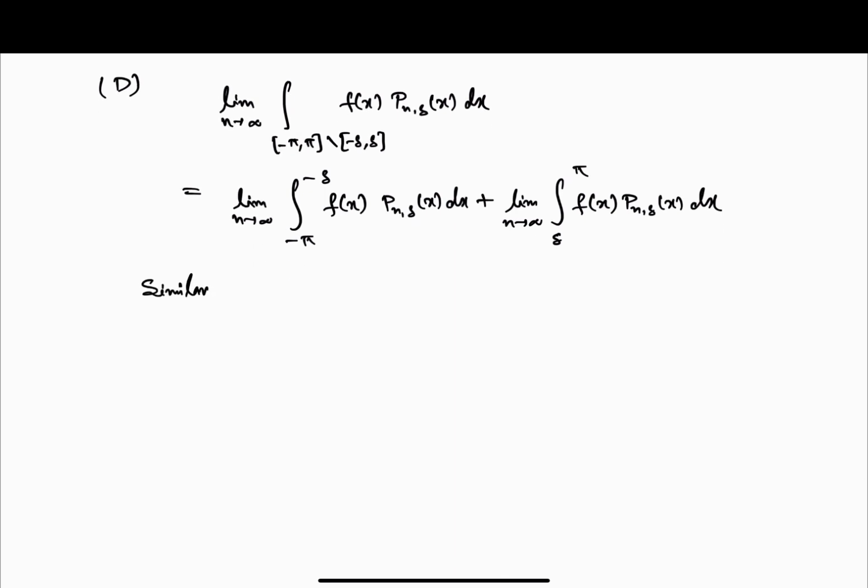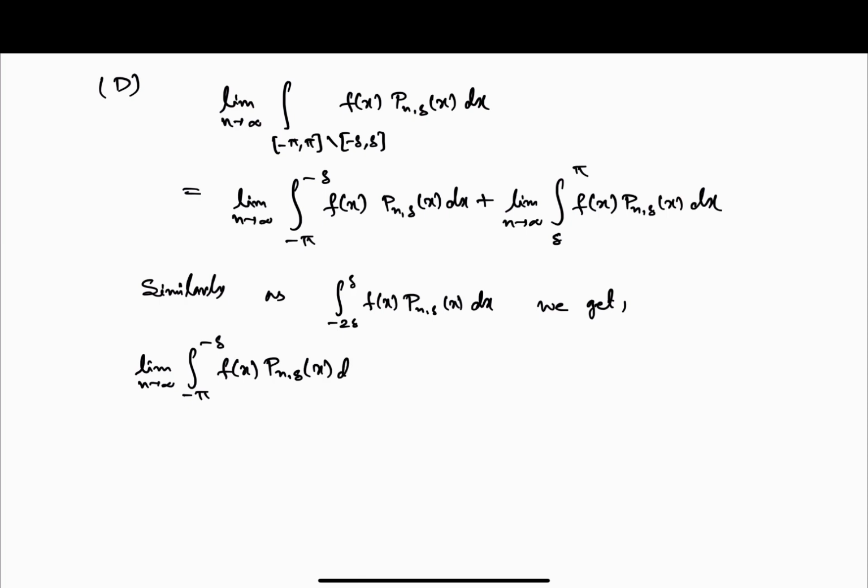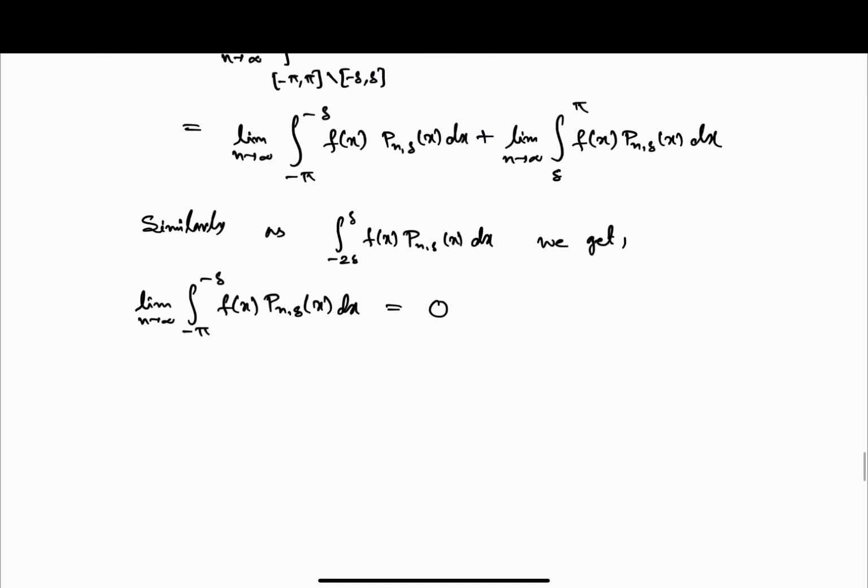Similarly, for minus pi to minus delta, limit n tends to infinity, f(x) p_n delta(x) dx: here p_n delta, basically 1 plus cos x minus cos delta, is less than 1, so the limit will go to 0. Therefore we will get this to be 0.